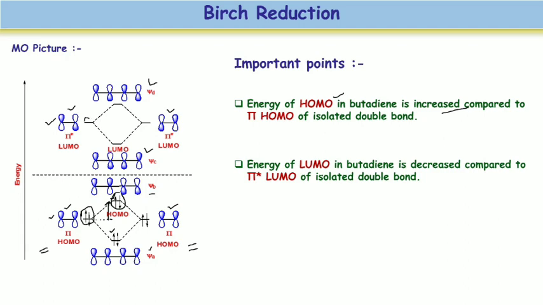So it was basically the LUMO of ethylene, and now in the butadiene molecule the LUMO is this. So compared to ethylene, the energy of LUMO in butadiene is decreased. As I have already said, those molecules which have lower pi star energy orbital compared to ethylene will undergo Birch reduction. So they will accept an electron from the metal for Birch reduction. So this LUMO is basically responsible for enhanced reactivity.